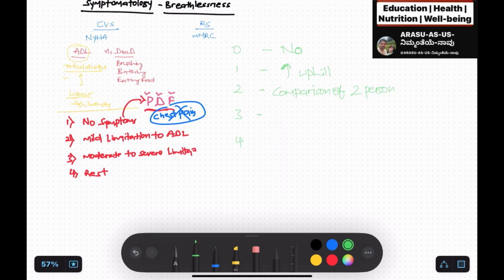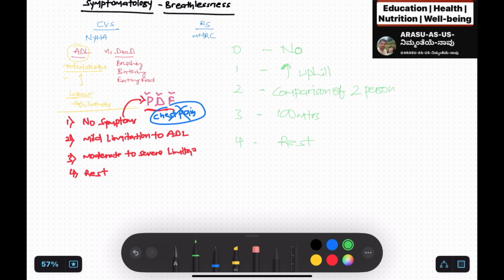Grade 3 is if the person gets dyspnea on walking about 100 meters. In the sense that day-to-day activities at home, for example using washrooms, can also lead to breathlessness for the individual. Then we consider it grade 3. What is grade 4? Grade 4 is breathlessness at rest, just like NYHA.